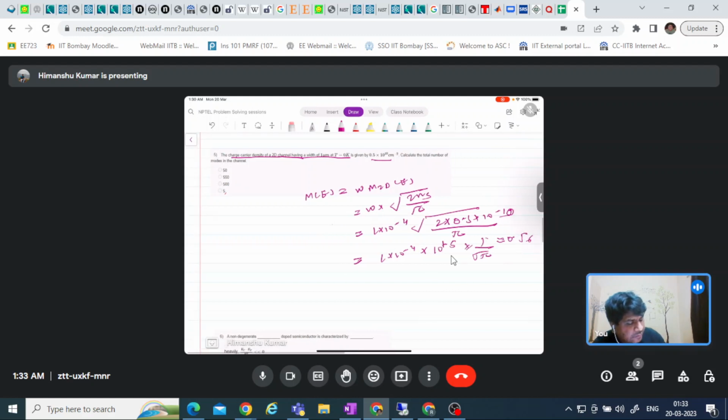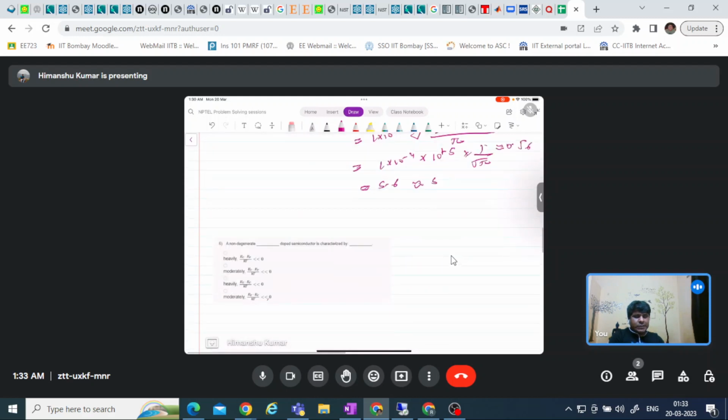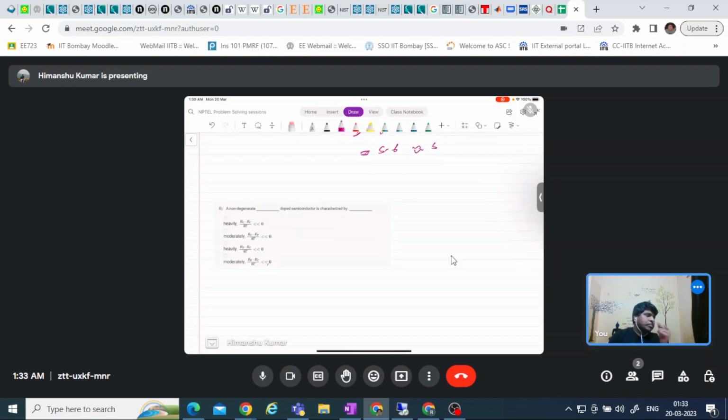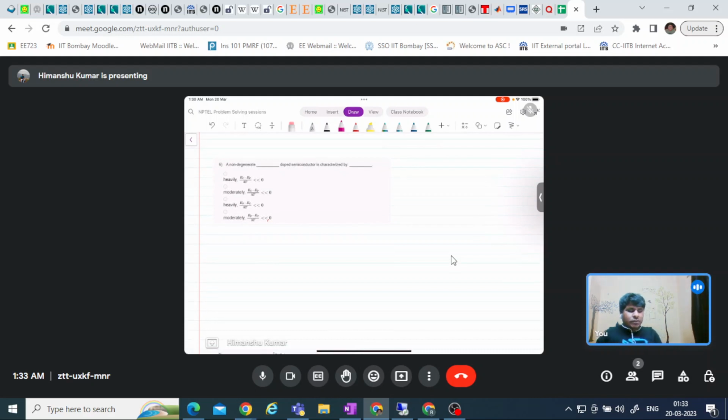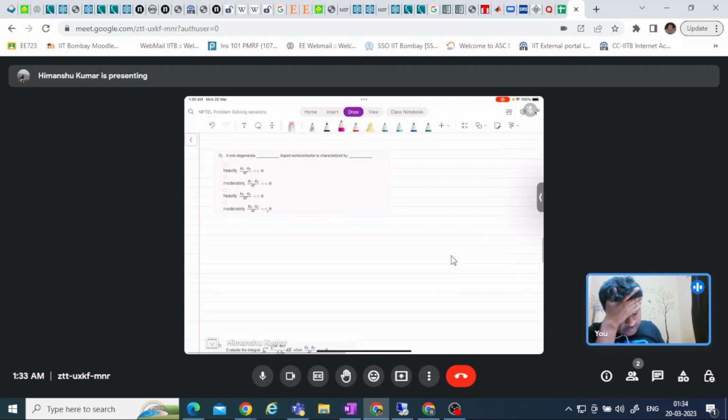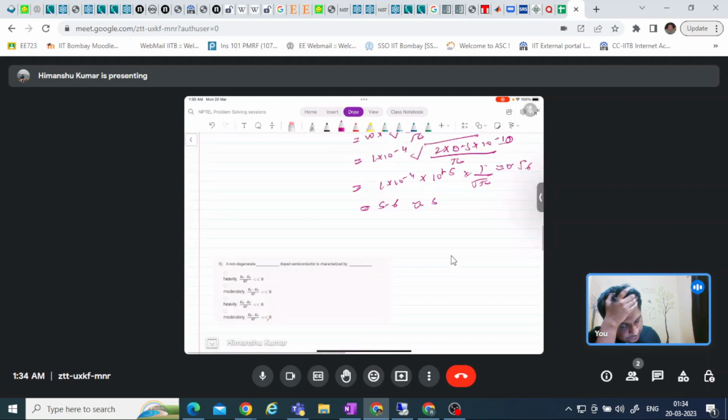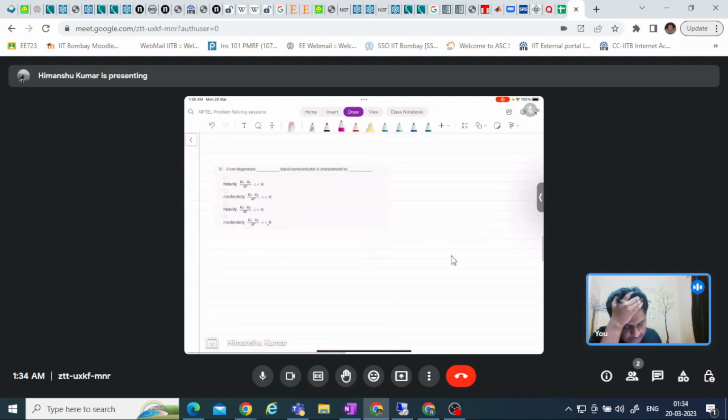So it will become 5.6, so approximately we can take it as 5. Because the number of modes is an integer, we can take that. This is a very straightforward question.